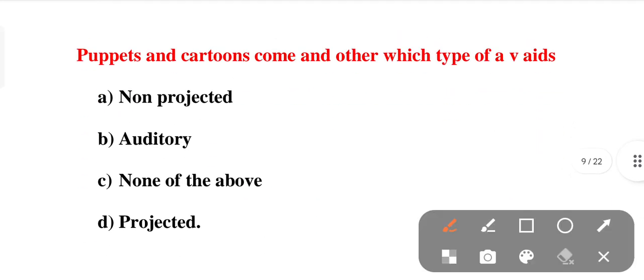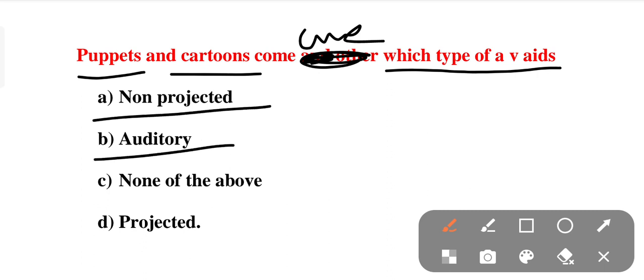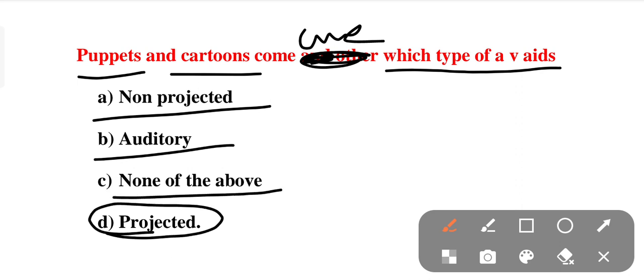So the next question is, puppets and cartoons come under which type of AV aids? Options are non-projected, auditory, none of the above, or projected. This option should come here.